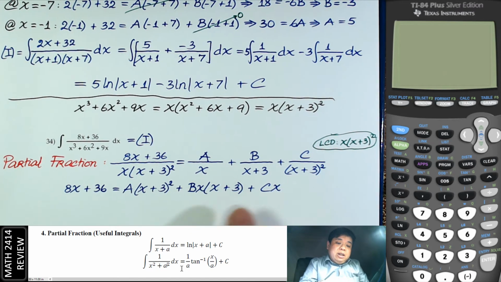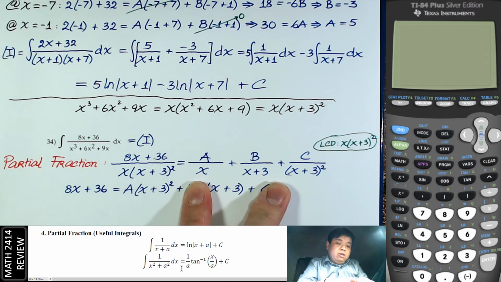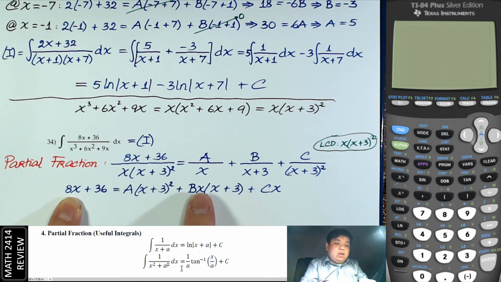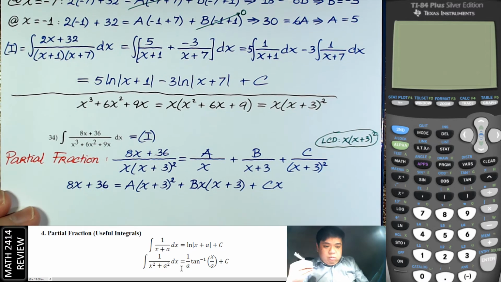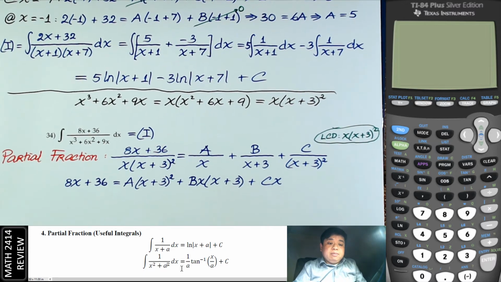If we choose x to be 0, those two will be 0, and so a is equal to 4. And finally, we choose some other value for x, we can solve for b. But I just want to do that differently.